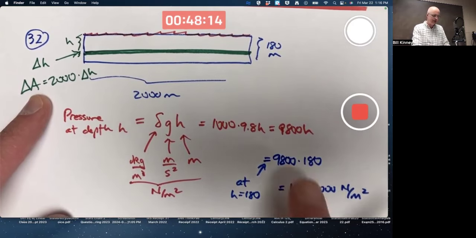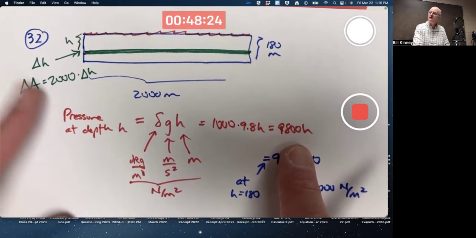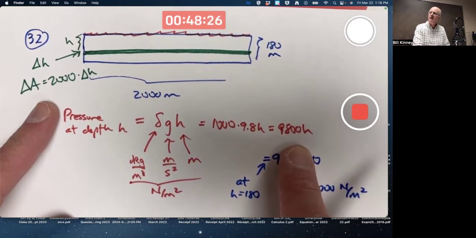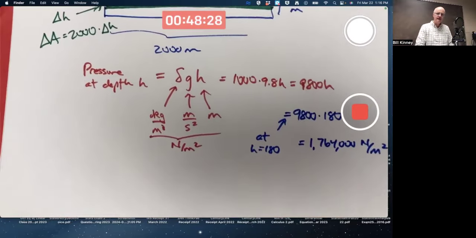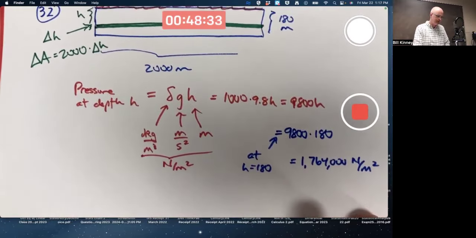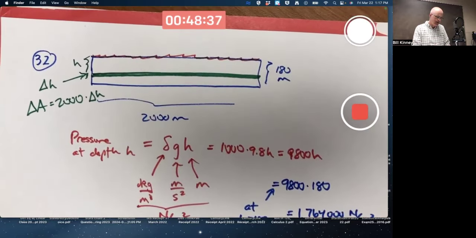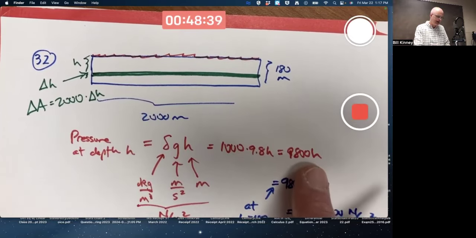The pressure is still, once again, this 9,800 H, newtons per square meter, times this many square meters. I'm already dealing with the weight density of water there.